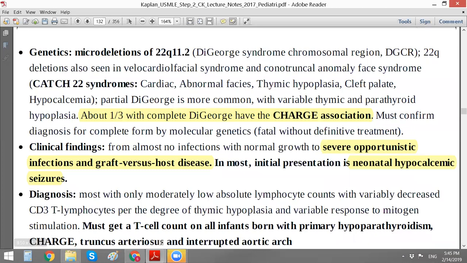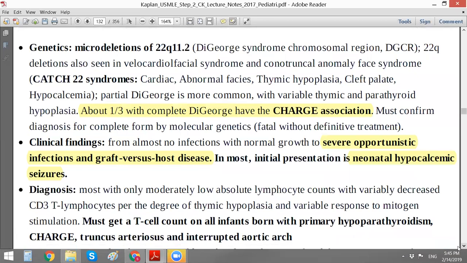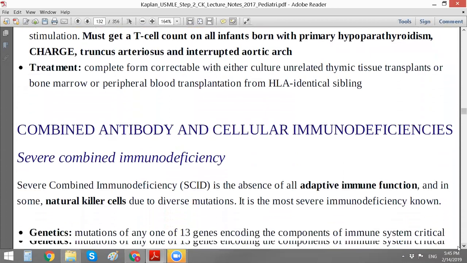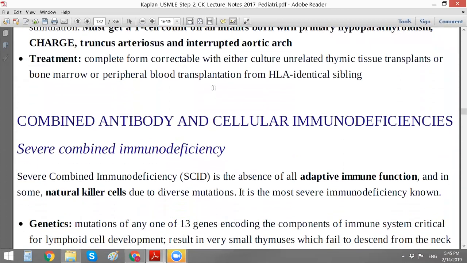CHARGE, truncus arteriosus, interrupted aortic arch. Treatment of the complete form is corrective with cultured, unrelated thymic tissue transplant, or bone marrow or peripheral blood transplant from an HLA identical sibling. This is correctable through bone marrow or peripheral blood.